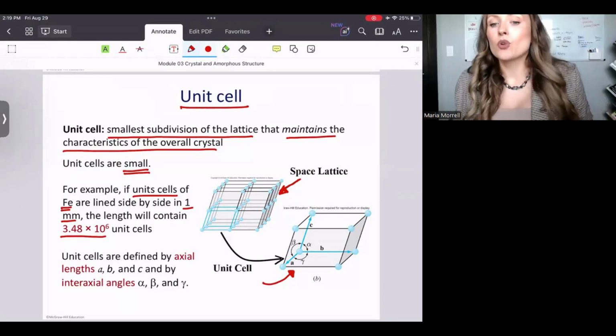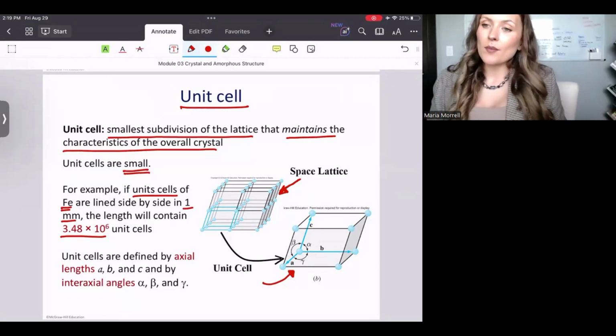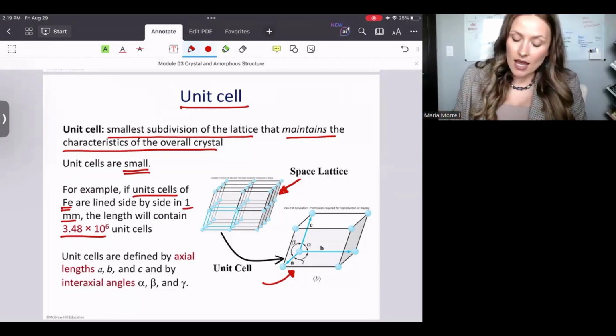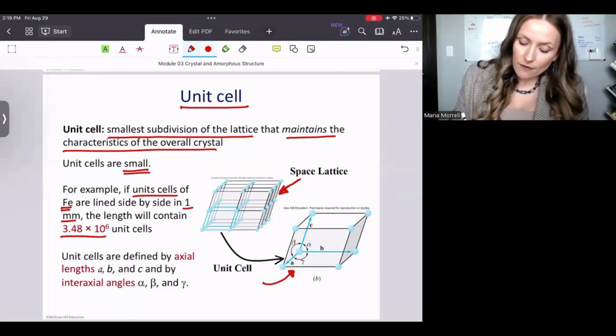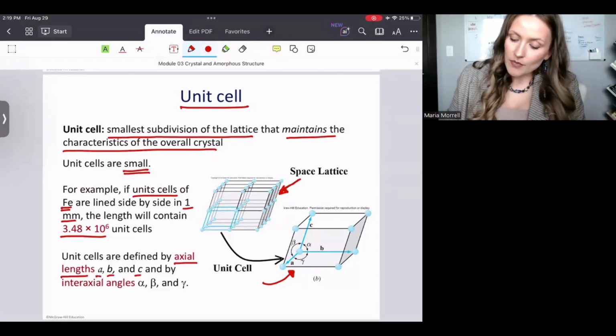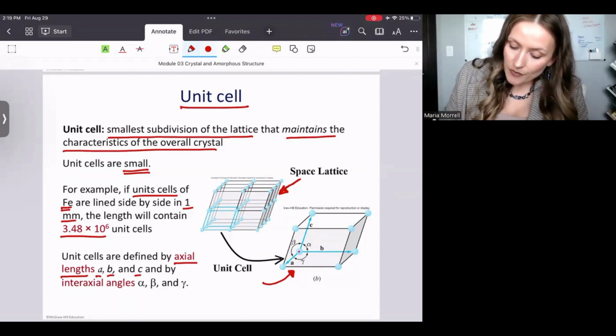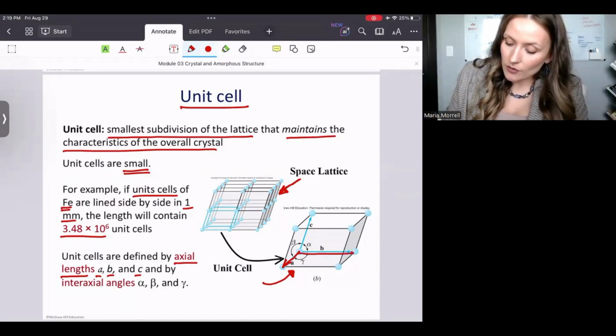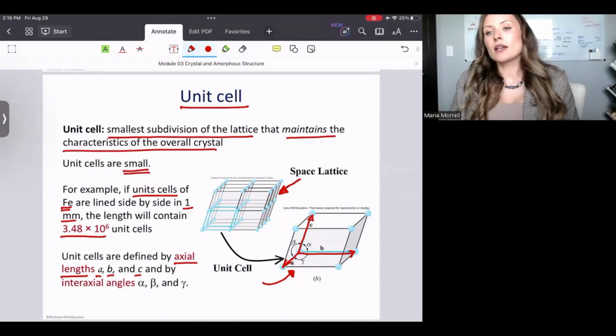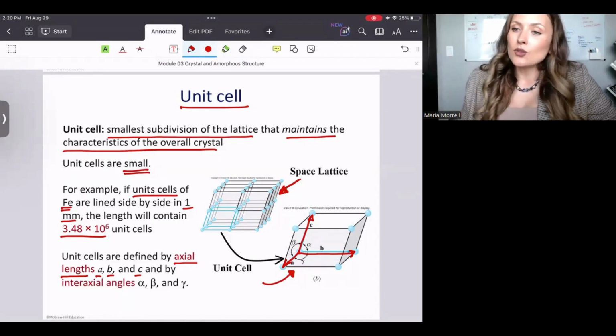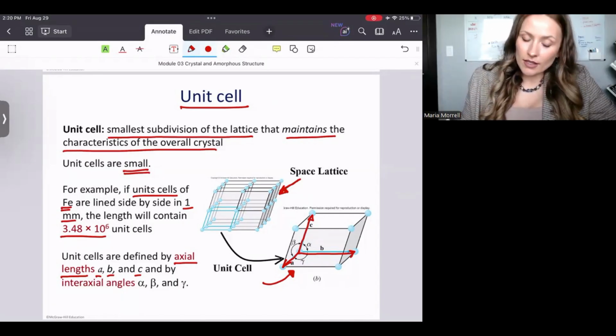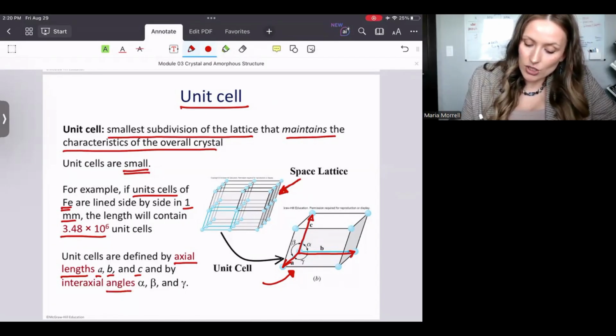Okay, so what we need to know about the unit cells in terms of characteristics is that they are usually defined by the axial lengths, and that is going to be A, B, and C. And allow me to demonstrate it here. So this is going to be your length A, this is your length B, and this is your length C. And in addition to that, unit cells are also defined by the interaxial angles, which are alpha, beta, and gamma.